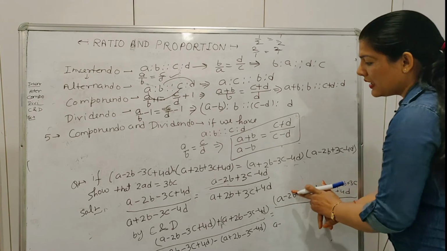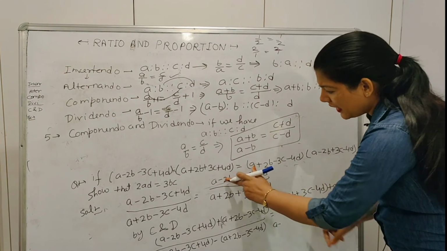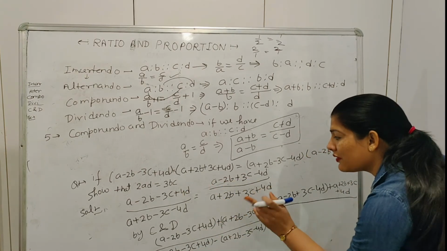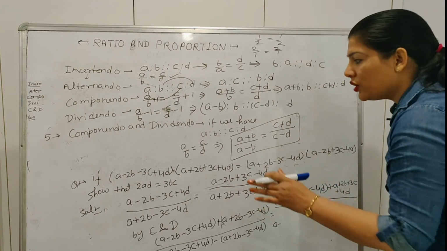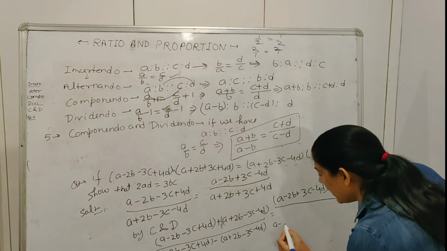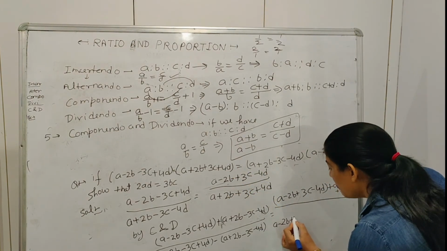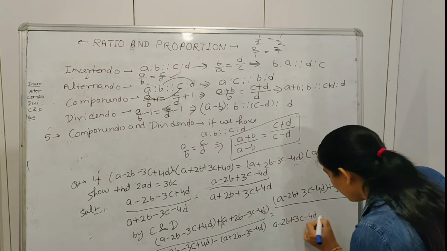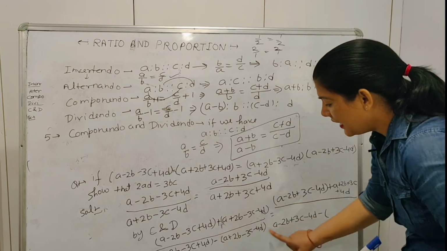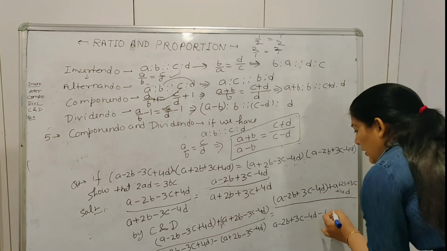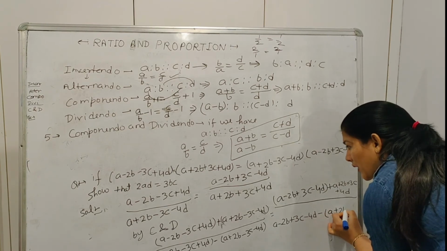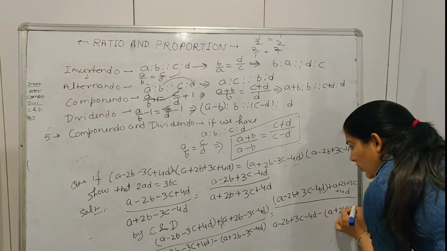So I was saying about this, if you write the numerator first here, then please write the numerator first here, otherwise there will be a change in the negative sign. Then you will have 2ad is equal to minus 3bc. Okay. So here a minus 2b plus 3c minus 4d minus, and if you are applying minus here, then please write the second term within the bracket, because the minus sign will change each term to the opposite sign.